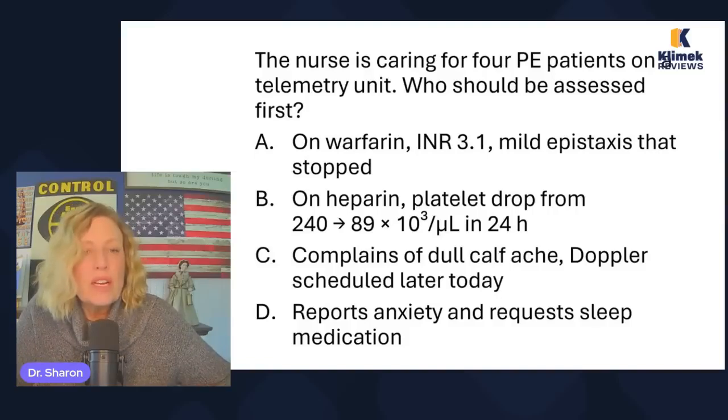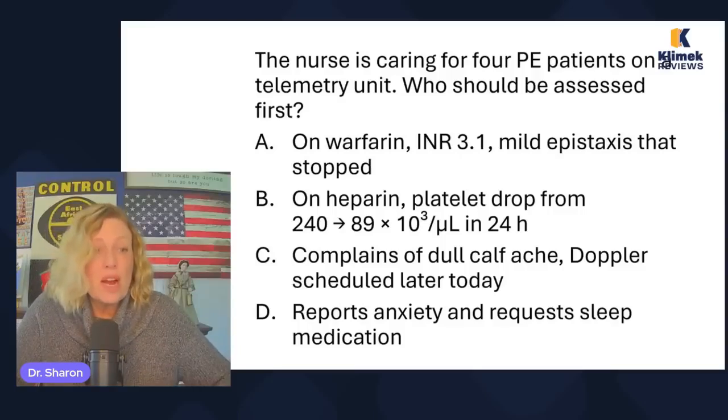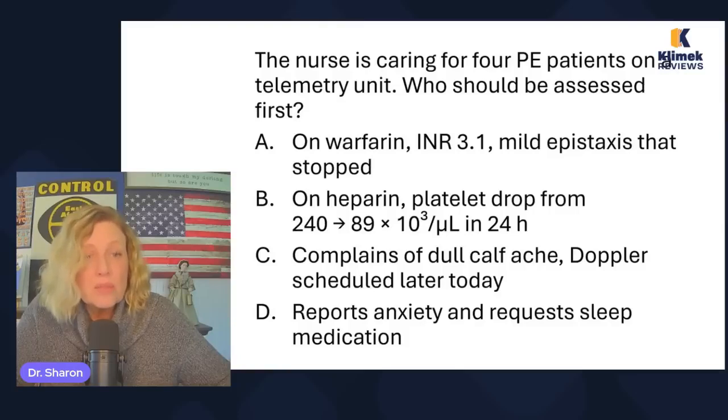Someone who's on warfarin has an INR of 3.1. That's therapeutic. You can go up to 3.5 and be therapeutic. And it's just mild bleeding, which isn't that surprising when you're on warfarin at a therapeutic range. Heparin sudden drop, that's called heparin-induced thrombocytopenia. We usually have to stop all heparin products when that happens. So that's a concern. Complains of dull calf ache, Doppler scheduled later today.